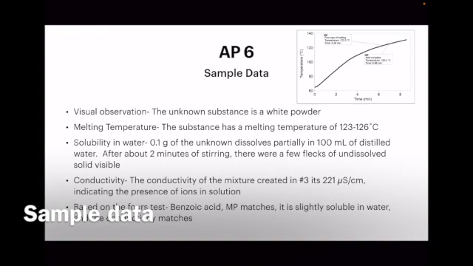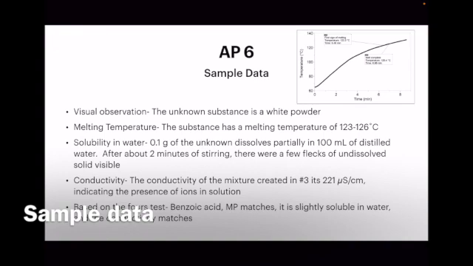Solubility in water, I pulled out 0.1 grams of unknown and dissolved partially in 100 milliliters of distilled water. After about 2 minutes of stirring, there were a few flecks of undissolved solid visible. Then the conductivity probe gave us a reading of 221 microsiemens per centimeter, which indicates a presence of ions in solution.